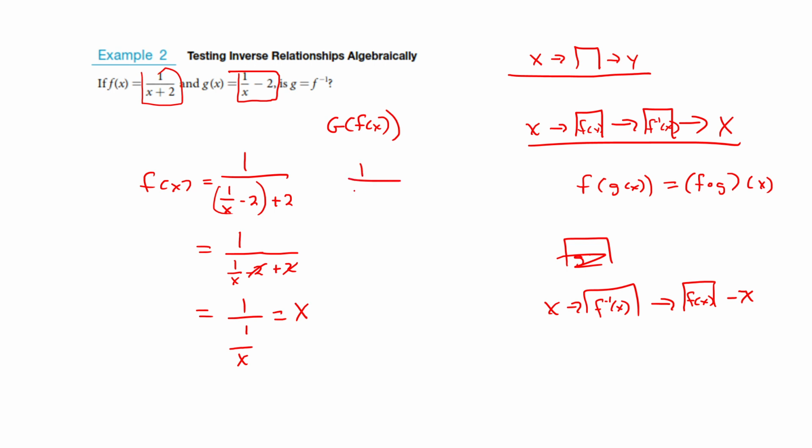So 1 over, so it would have looked like that. Okay, well, what do I do to tidy this up? I have 1 over some fraction. It's going to flip it upside down. And now I would have this, and I get back to x. So if they're inverses of each other, it doesn't matter which machine is first and which is second. It's still going to flip them upside down.